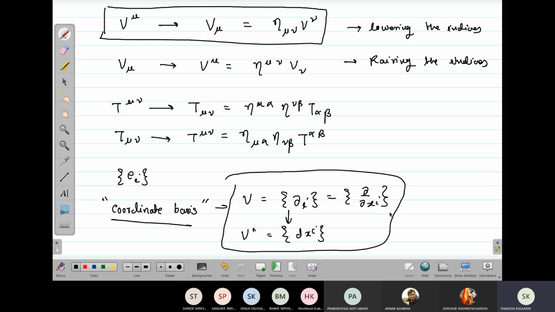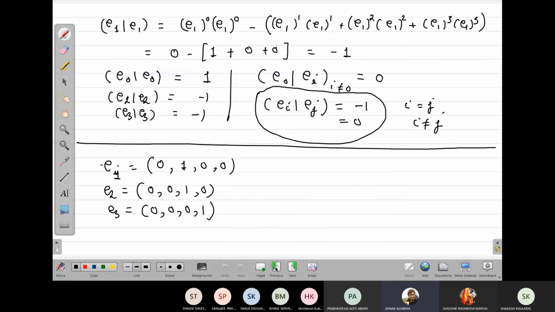Sir, in the previous page, where you gave us this exercise, find out this E0, E1, E2, E3. What I understood is that if we treat this inner product as a vector inner product in R3 space, what should this basis be? No, not in R3 space.